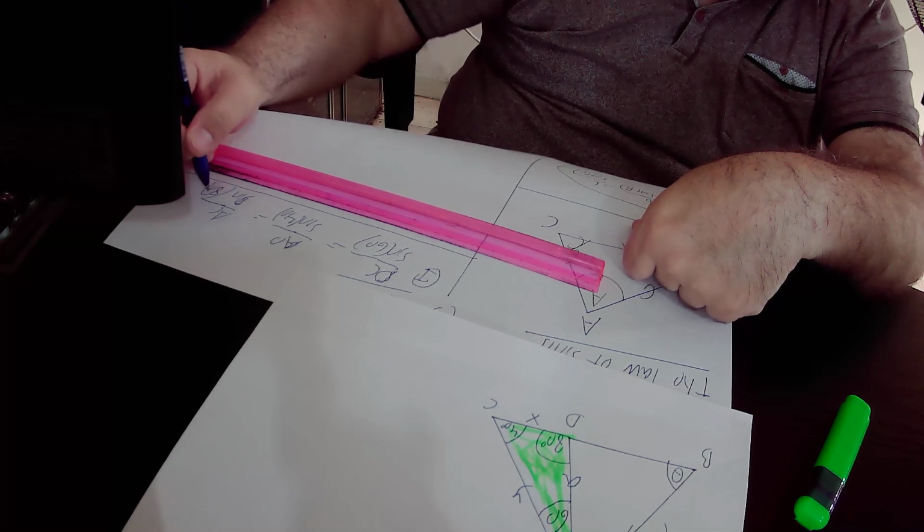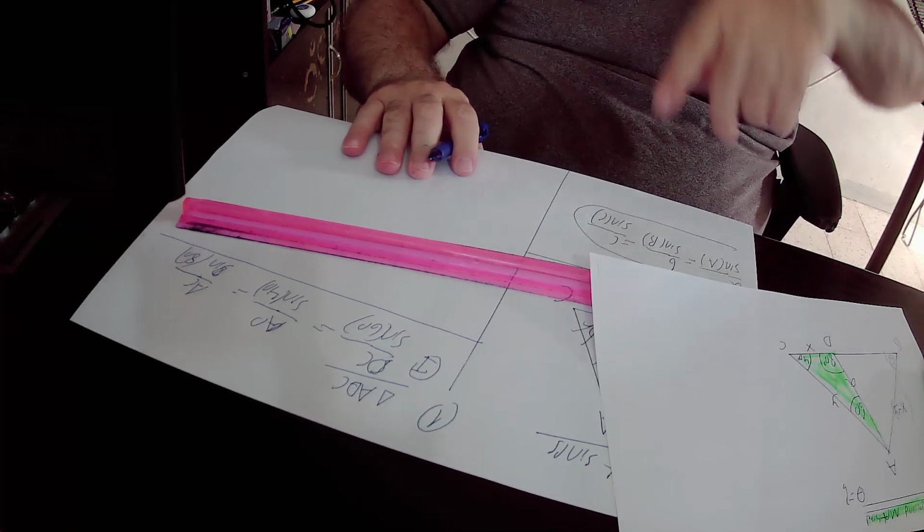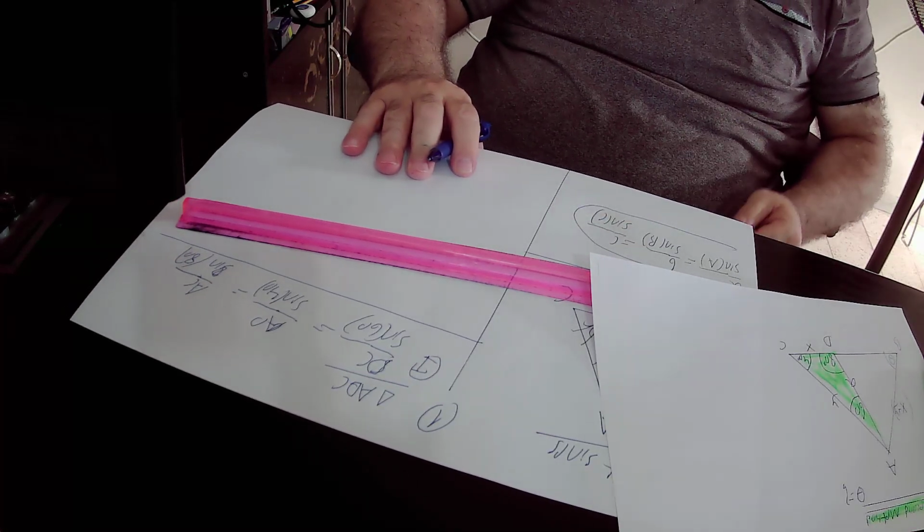So here equation number 1 is the implementation of the law of sines in the green triangle ADC.